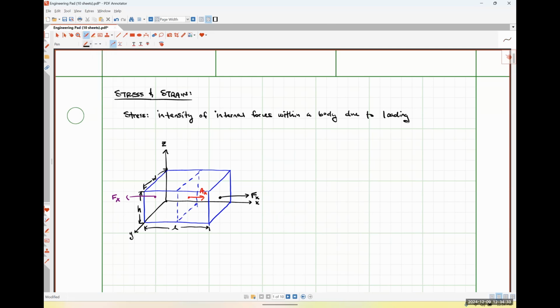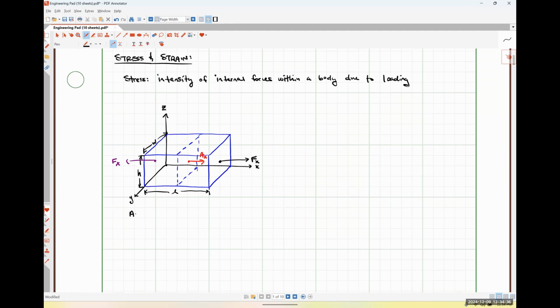So our average normal stress is the magnitude of the applied force over a transverse cross-sectional area.